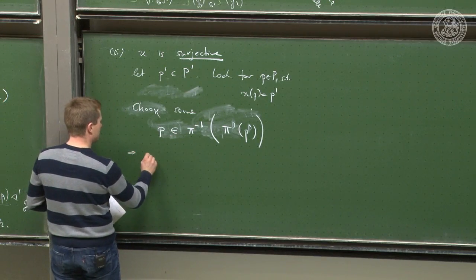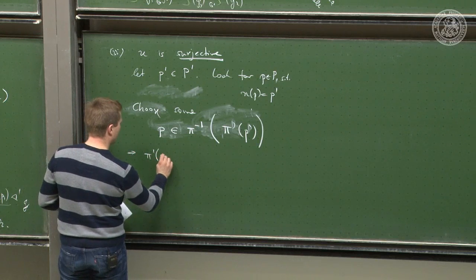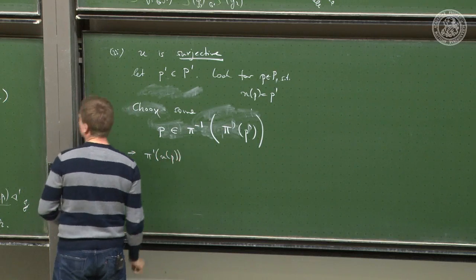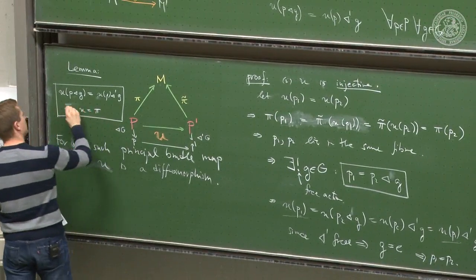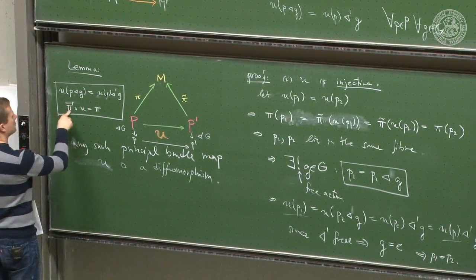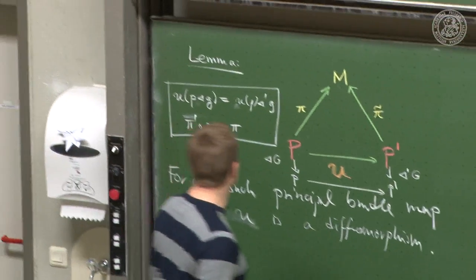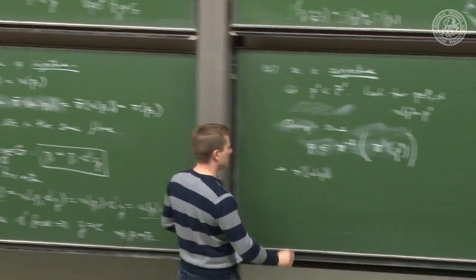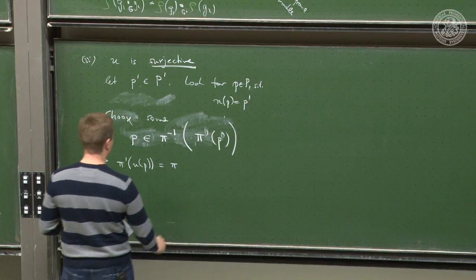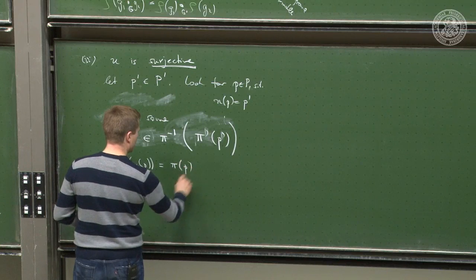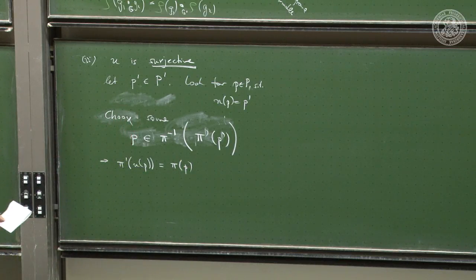But then I find that pi prime of u of p, let's see what that is. I wrote pi twiddle here. It's a pi prime, of course. So pi prime of u of p is nothing but pi of p. Okay, so I have this.